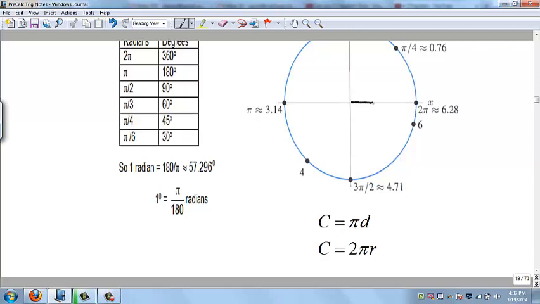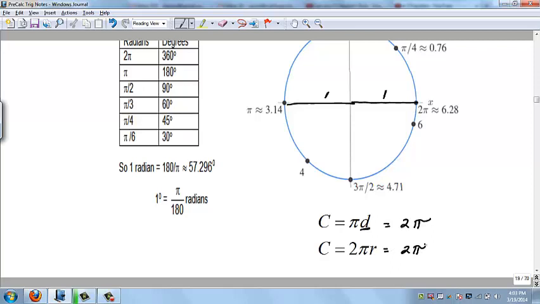Well, if a unit circle has a radius of 1, my diameter is 2 radii. So my diameter is 2. I can either call it 2 pi of my 2 radii, or I can say it's just 2 pi, because if my radius is 1, it's going to come out to be 2 pi.